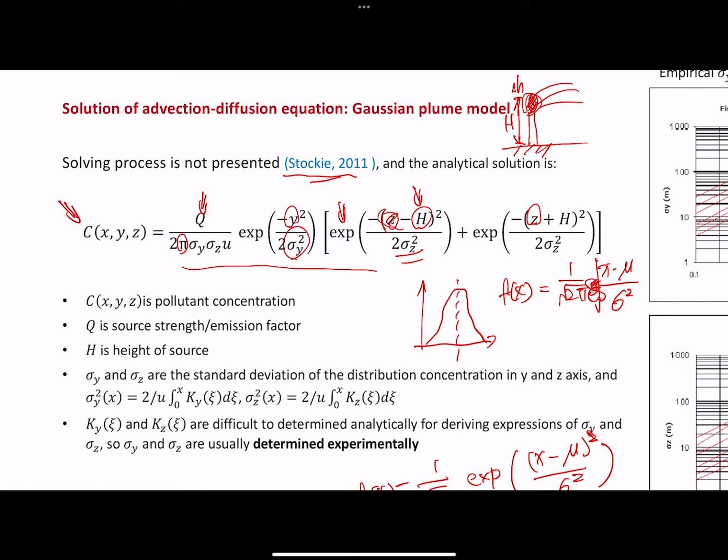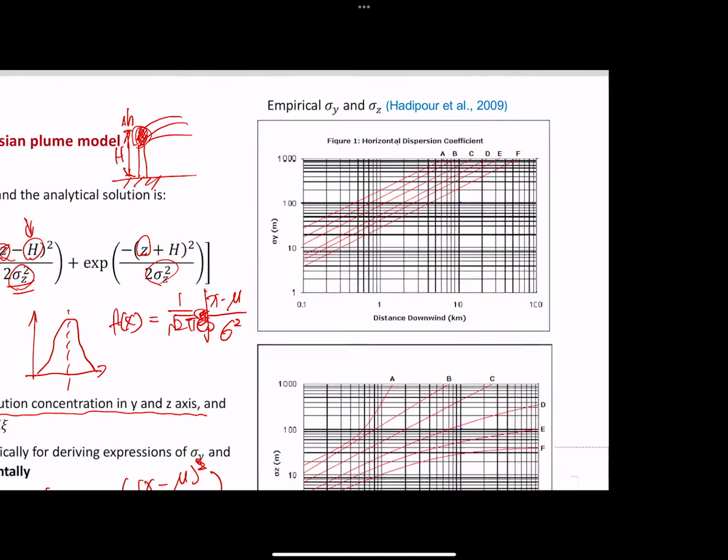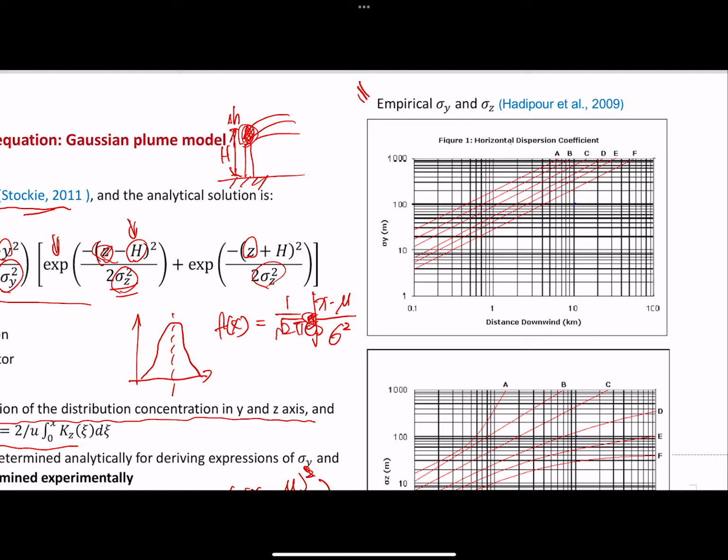But we also have some unknown variables, like sigma y and sigma z. These two variables are the standard deviation of the concentration distribution in the y and z axes, and they can be expressed as this. I don't think this is interesting to solve, but in reality, we can use the empirical method to estimate sigma y and sigma z.